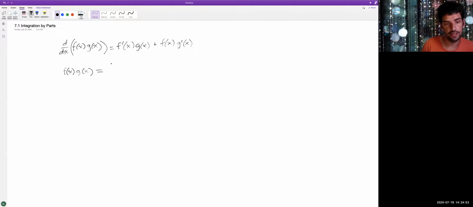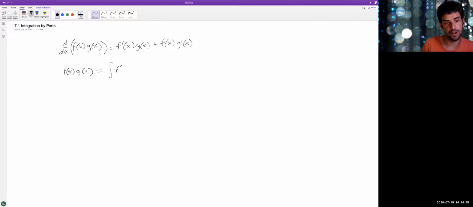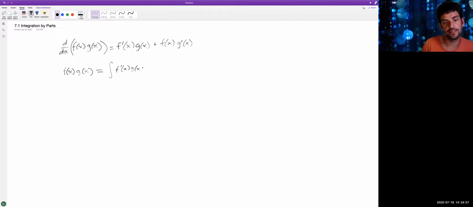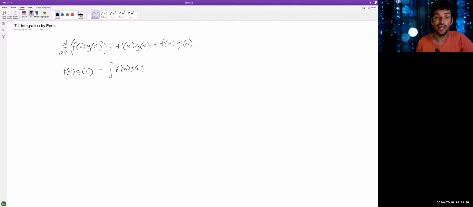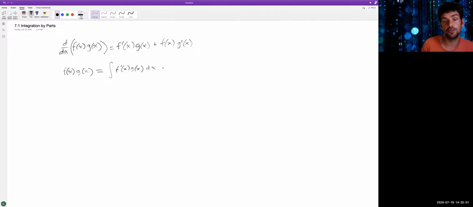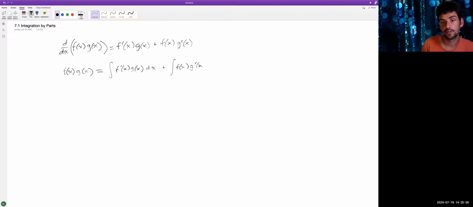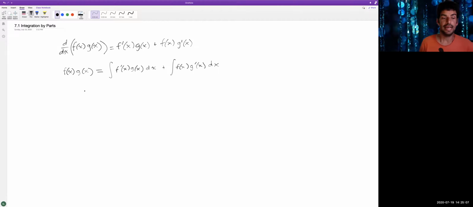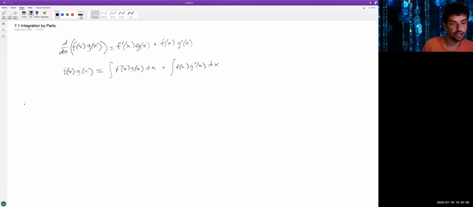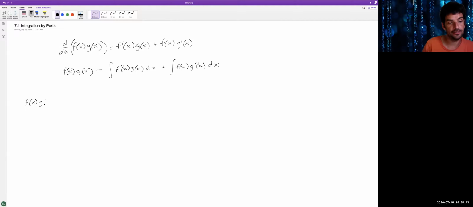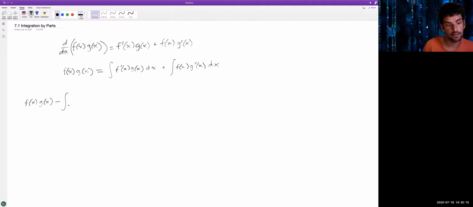Over here, I get the antiderivative of f prime of x, g of x. I'm taking the antiderivative of this whole side. I can split it up into two antiderivatives, though. And I can do a little bit of rearranging if I subtract the first integral on the right from both sides.